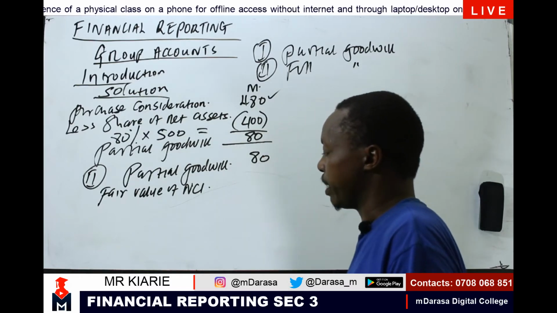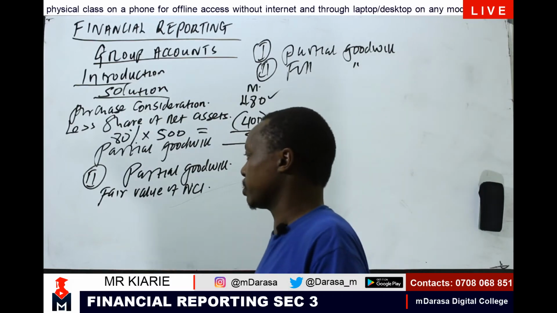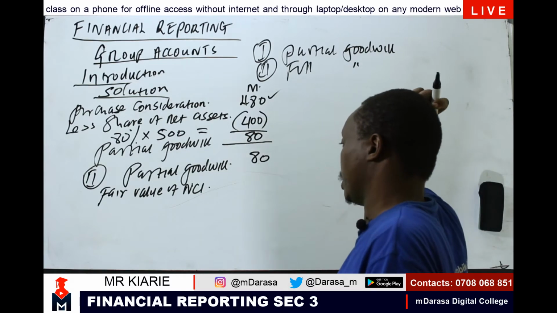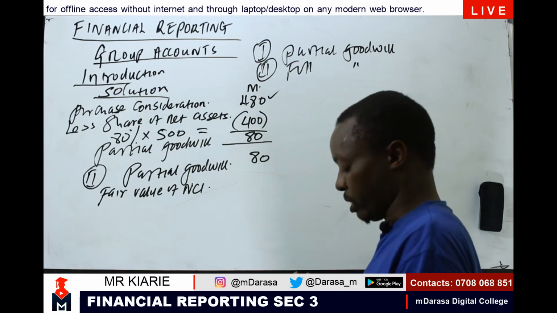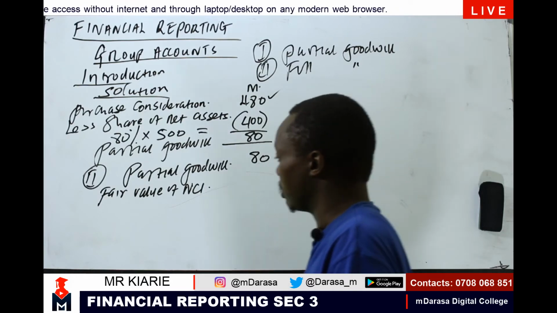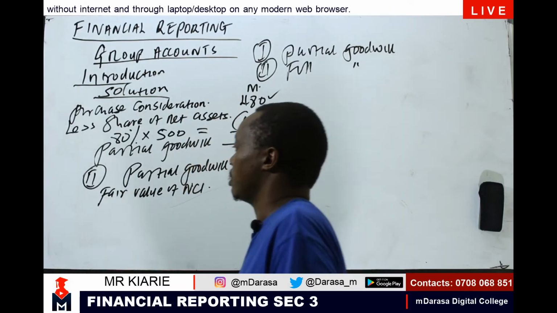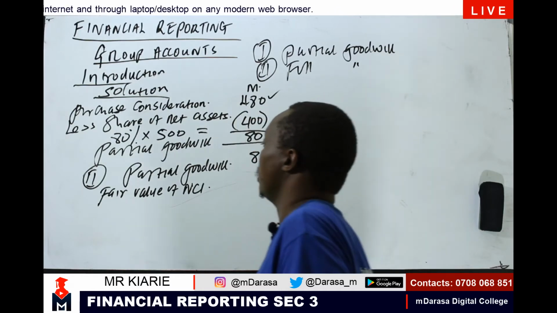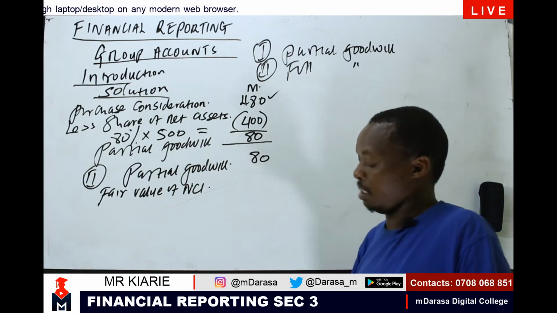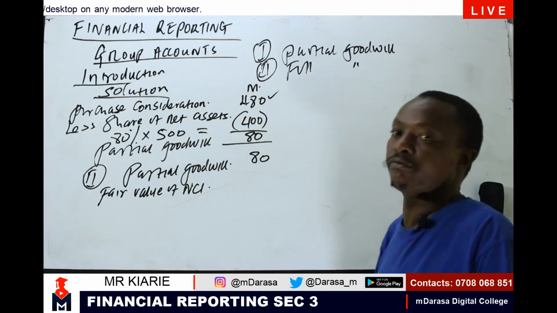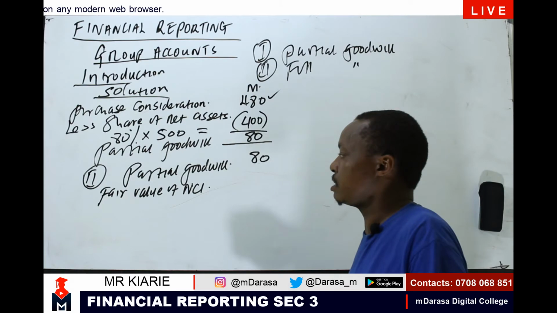Just before required, make a correction: indicate that the fair value of NCI was 120 million. I had forgotten that.